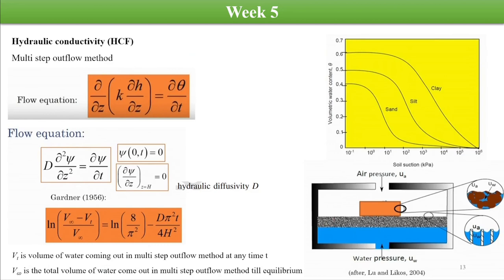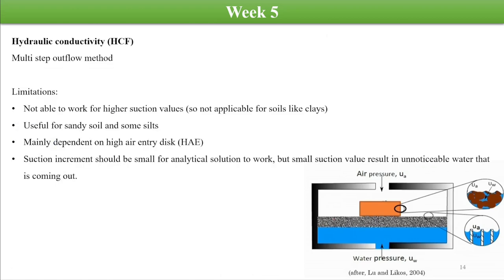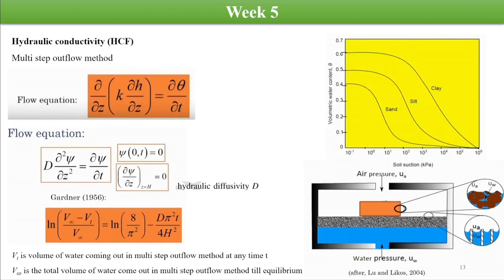So if you see the flow equation, that is del upon del z of K del h upon del z, equal to del theta upon del t, which we know.